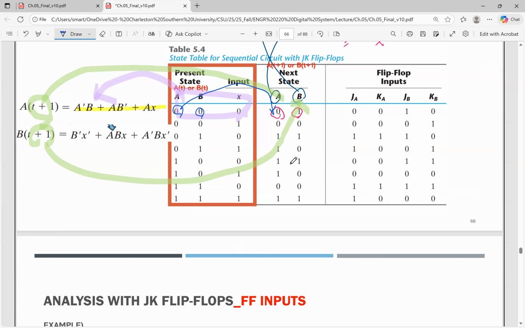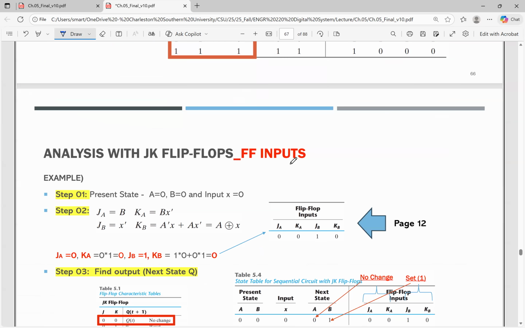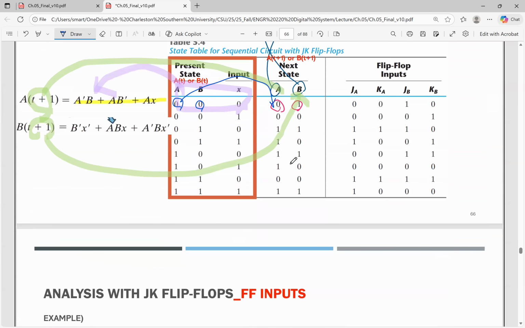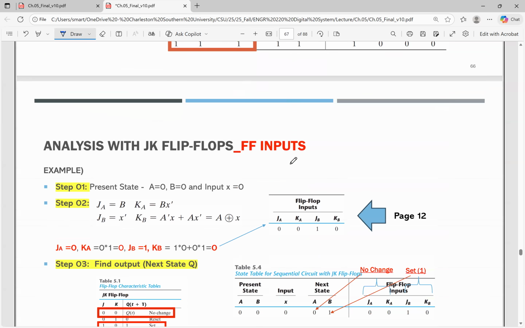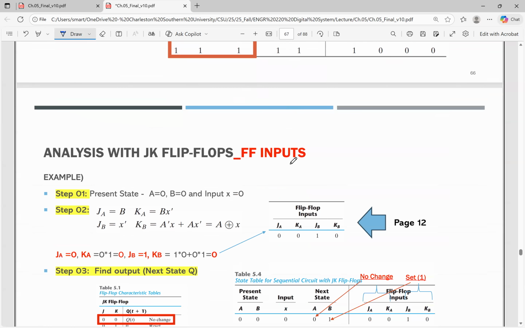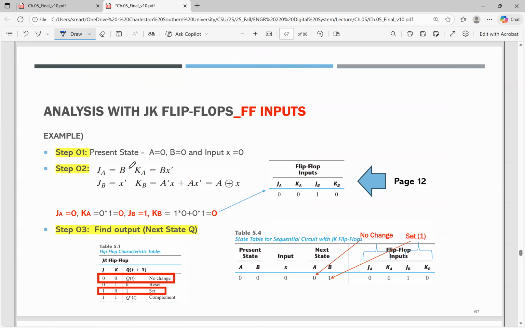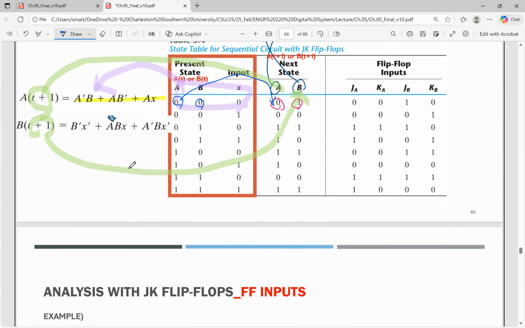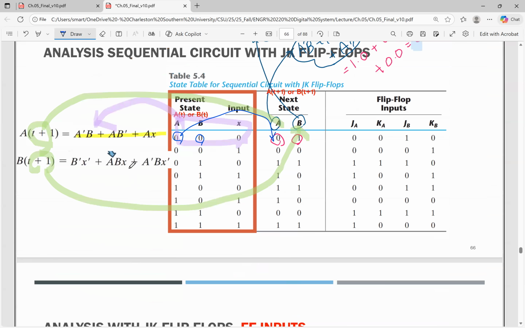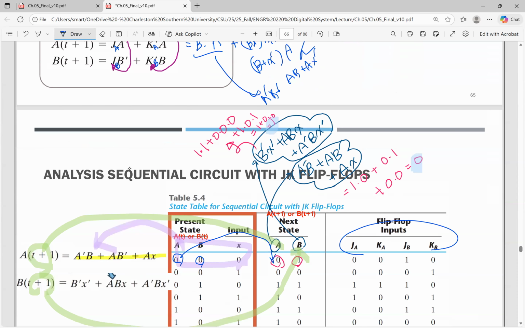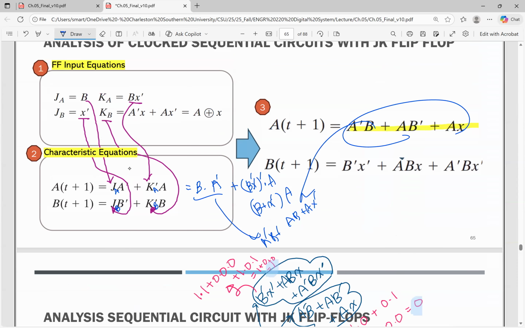Just give me a second. So A is equal to 0, 0, and input X is equal to 0. Okay. So, oh yes, we have the formula in here, right? So we have the formula here.